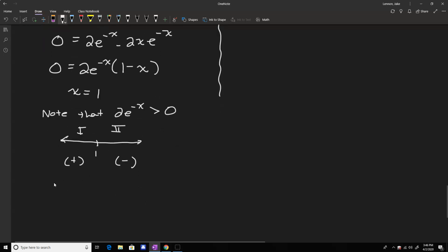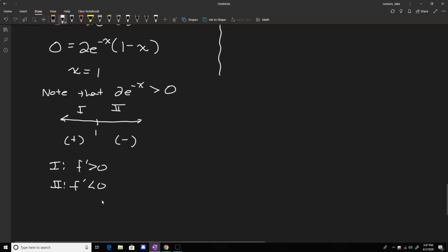But just to be explicit, in region 1, f prime is greater than 0, and in region 2, f prime is less than 0. So we can say that a local max occurs at x equals 1. So we get a local max there.